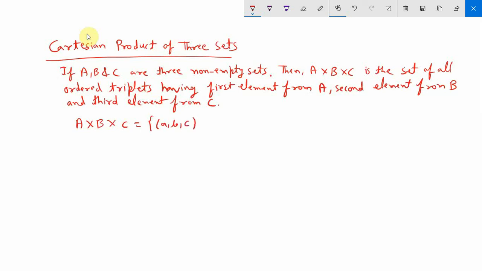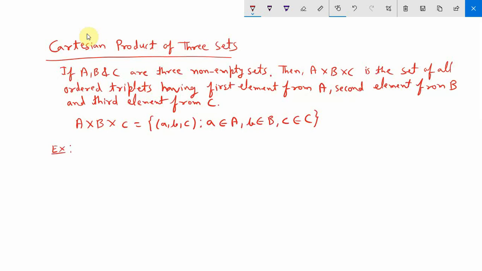It is a triplet such that a is an element of set A, b is an element of set B, and c is an element of set C. Okay, friends. So we will perform a problem.